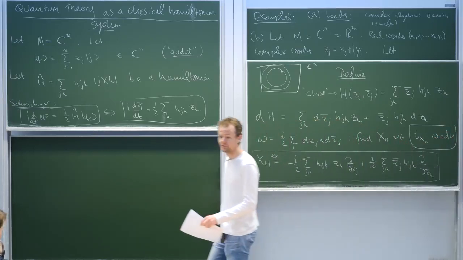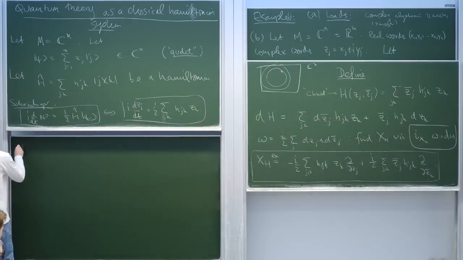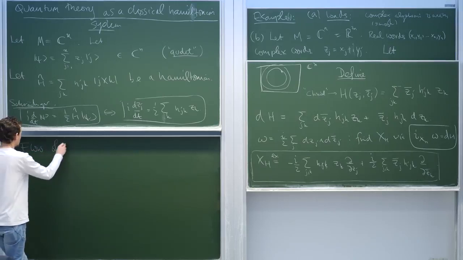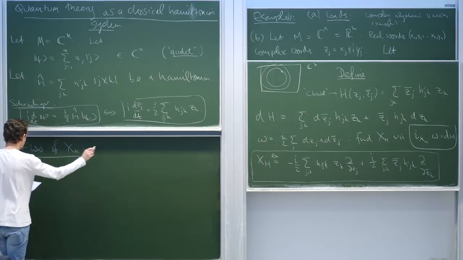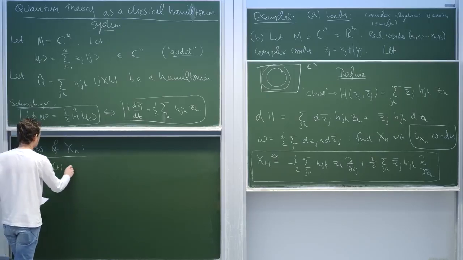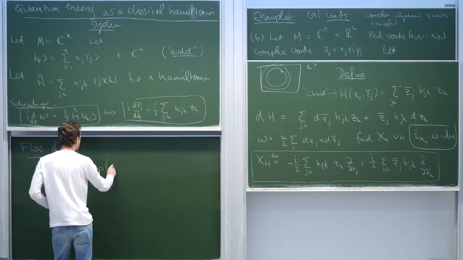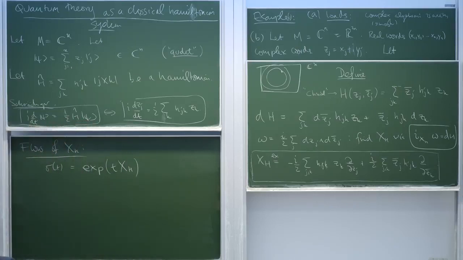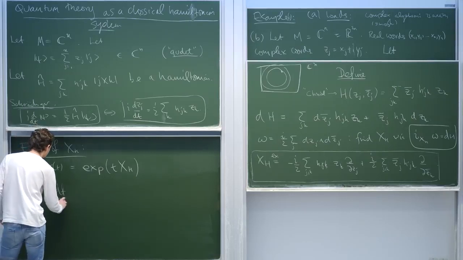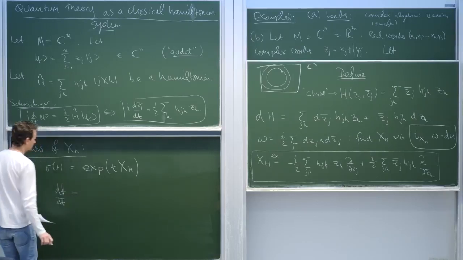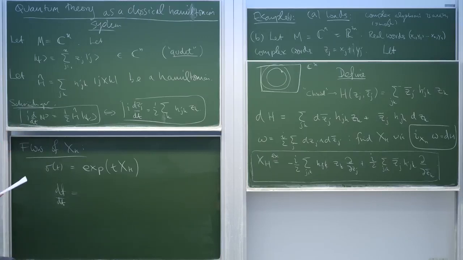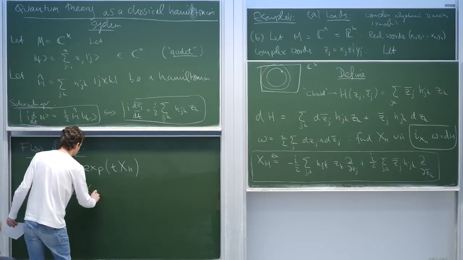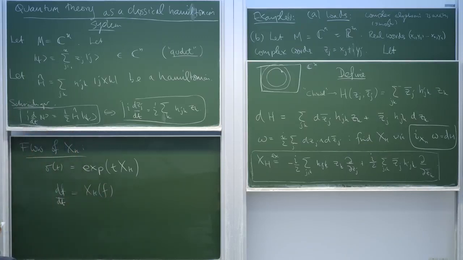Let's look at the flow of this vector field. You can get that by exponentiating the vector field. If you have some function and you want to see how it changes under this flow, then we know it has to obey this equation of motion.